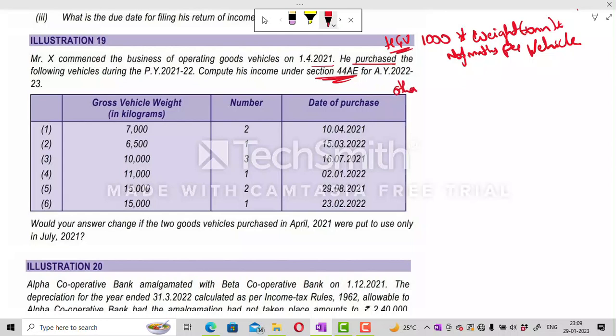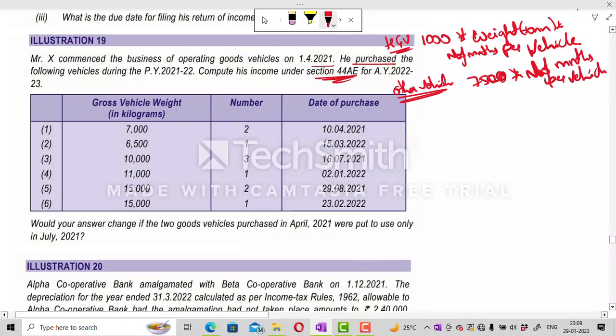And for other vehicles, it is 7,500 into the number of months per vehicle. Here the weight is not there. Okay, that much. What is a heavy goods vehicle? A vehicle of more than 12 tons.